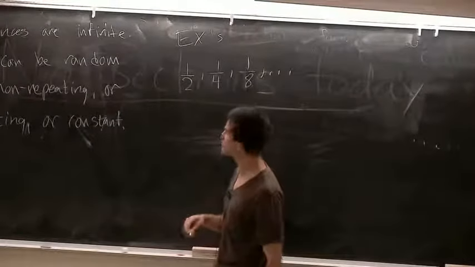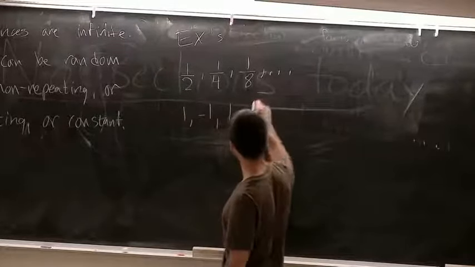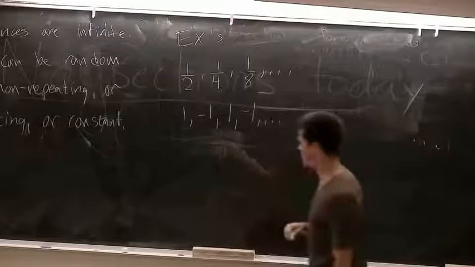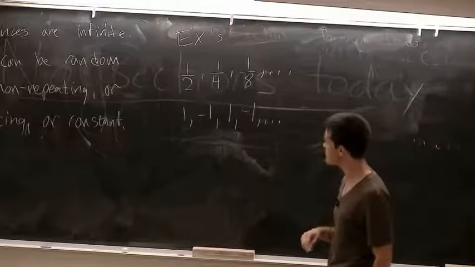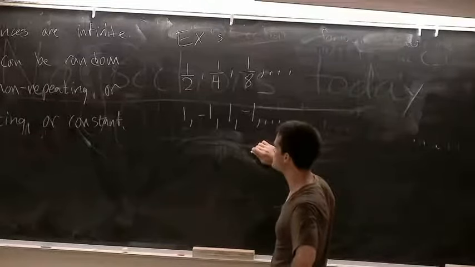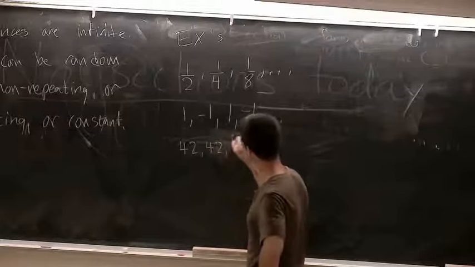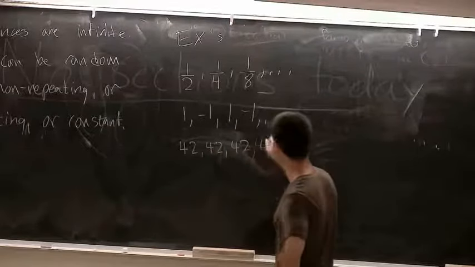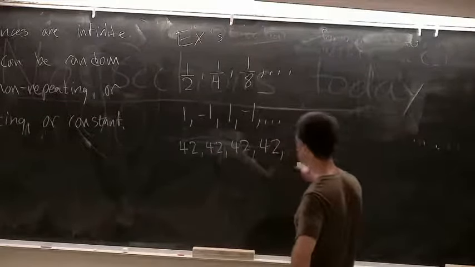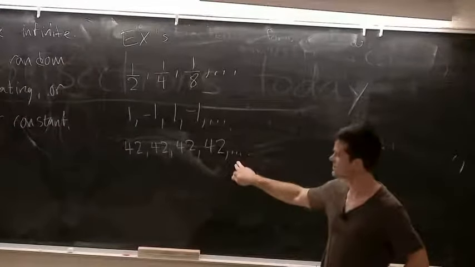How about one that just alternates? 1, -1, 1, -1, and so forth. How about 42, 42, 42, 42. This is going to be my example of a constant sequence.